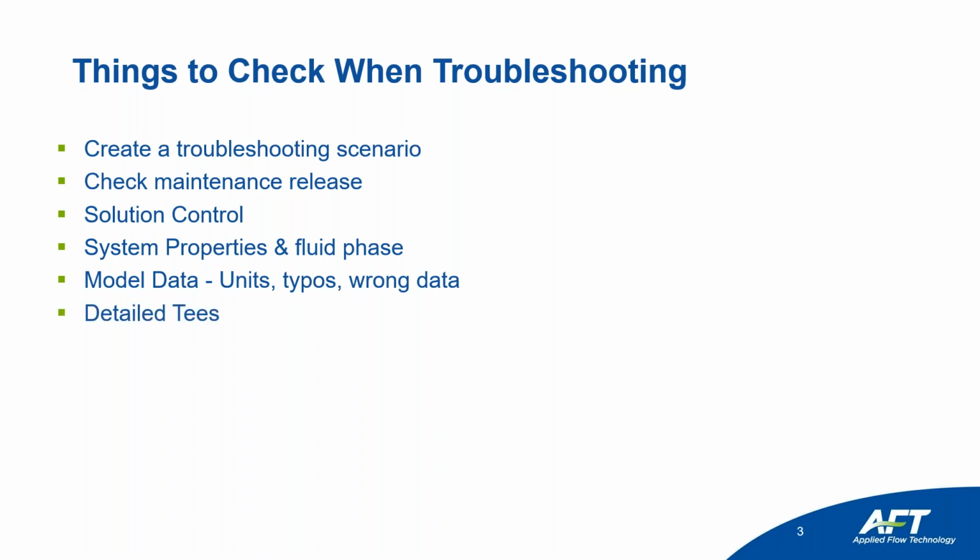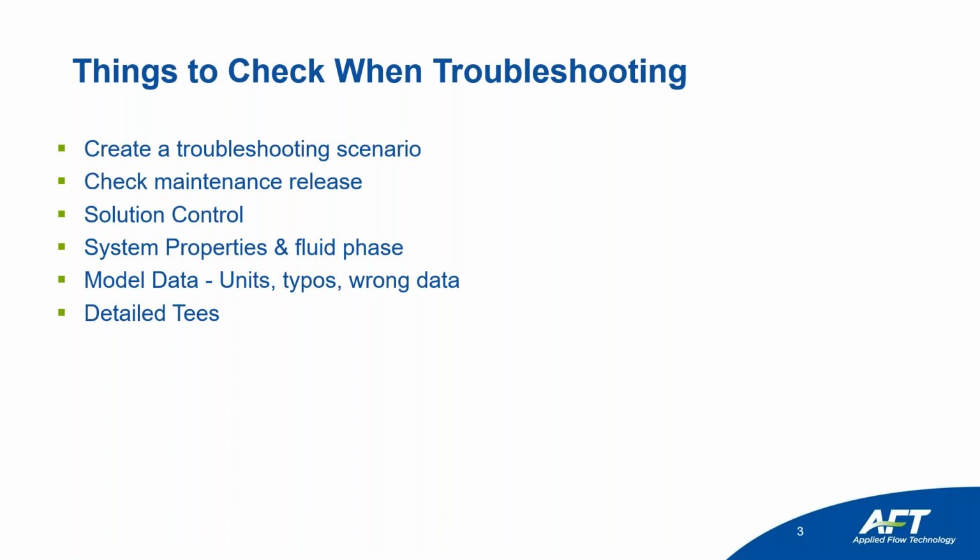Another thing I look for is detailed T's. It's important to account for losses through a T in your flow model, and AFT software uses Idelchik T's relationships for quantifying those losses, and they're based upon your flow distribution through the T as well as the area ratios, and they're very complicated relationships.